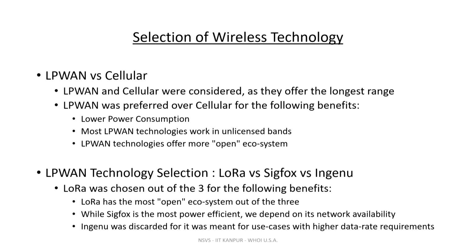Now, for selection of wireless technology, LPWAN versus cellular, LPWAN was preferred because of low power consumption, most LPWAN technologies work in an unlicensed band, and it offers a more open ecosystem. That is why we chose LPWAN.